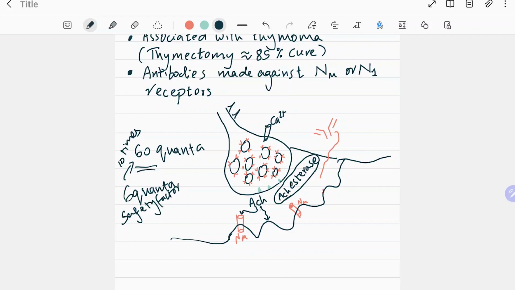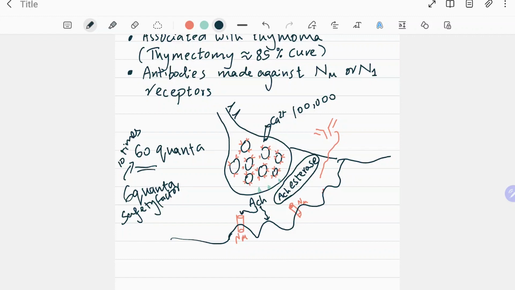So now this acetylcholine is going to get destroyed by the acetylcholinesterase, and since there is no movement taking place, the brain will still give a bunch of action potentials down, and you will start releasing more and more of these vesicles' contents, more and more quanta, until you exhaust the vesicles. You see, you have around 100,000 vesicles on average in each of these terminal boutons. Now if you keep giving a chain of action potentials, you're releasing way too many quanta, more than you are able to replace per unit time or refill per unit time.